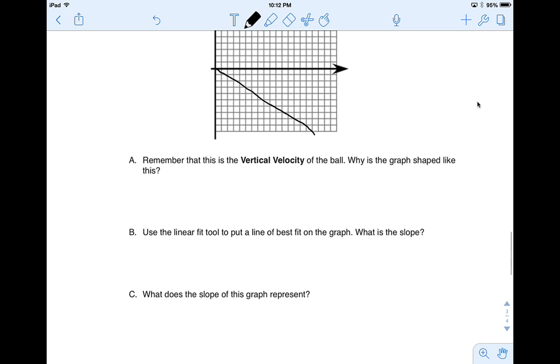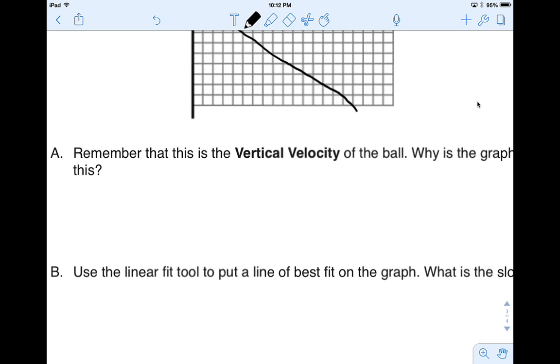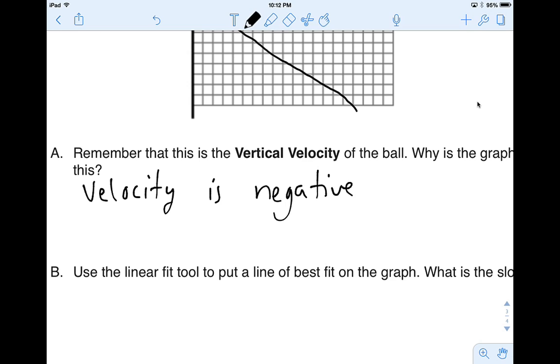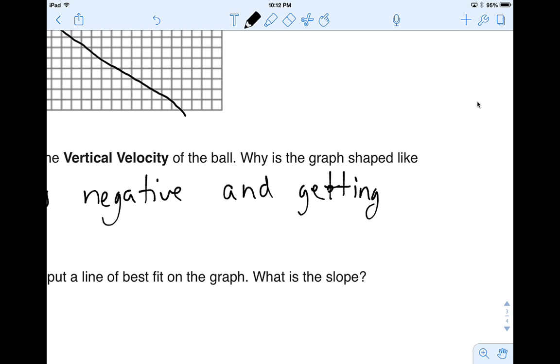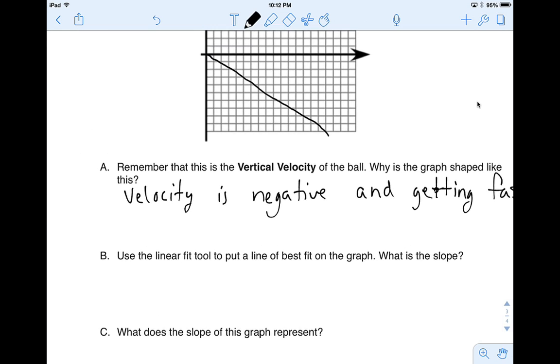Remember that this is the vertical velocity of the ball. Why is the graph shaped like this? Okay, so we want to say that velocity is negative and getting faster. And this is going to be an important part, okay?